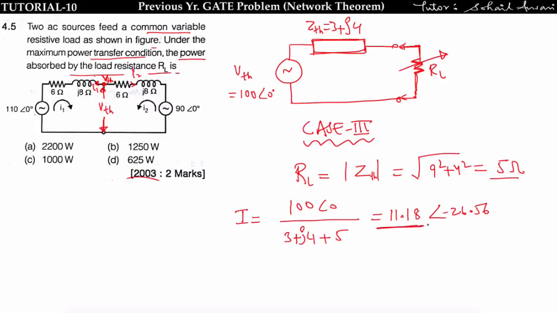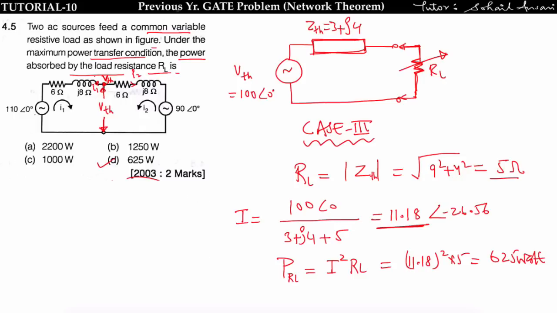Remember this is the RMS value. The maximum power flowing across RL is I square into RL, that is 11.18 square into 5, which gives 625 watt. So option D is correct.